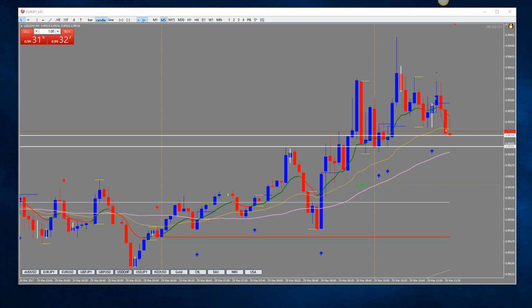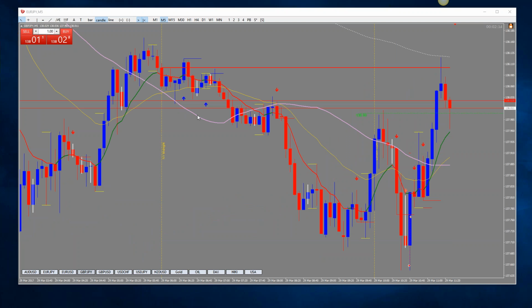What else here? We had the pound yen, which I pulled the plug on. Let me drop it on here. Where is it? It's right here. The entry was right here.